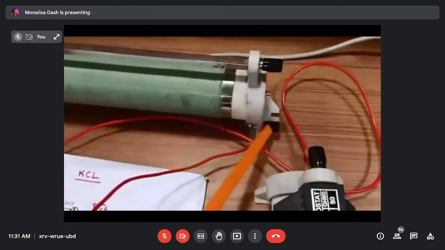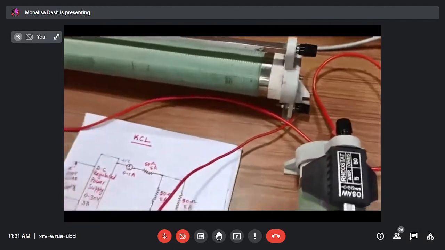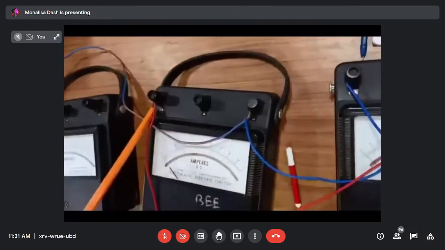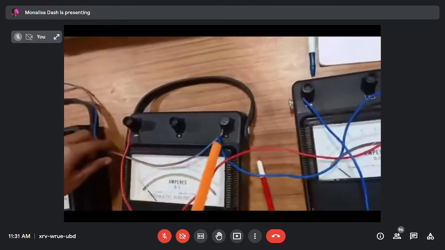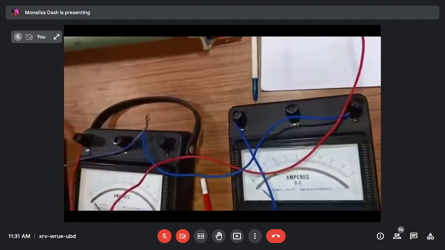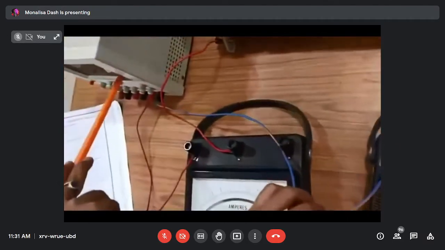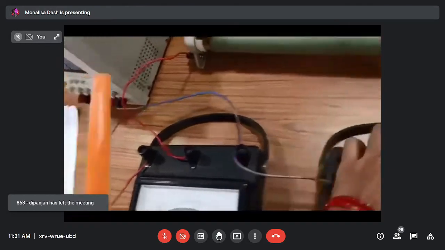This is the second end of the rheostat, and this is the ammeter common point, and ammeter 1 ampere to our DC regulated power supply.